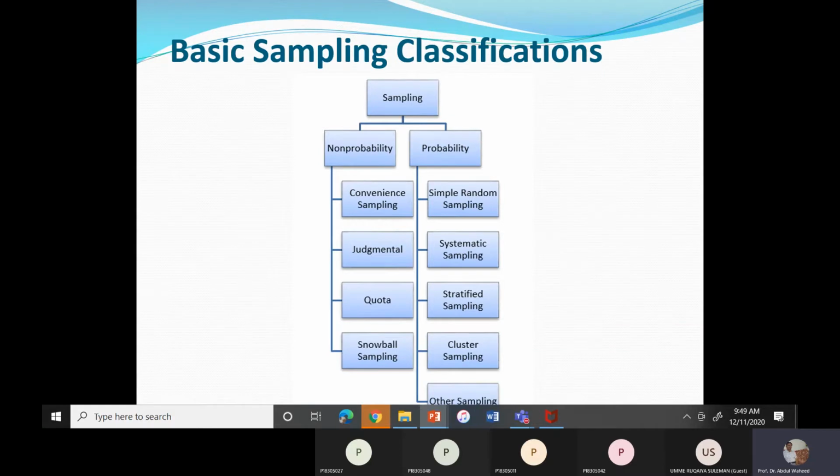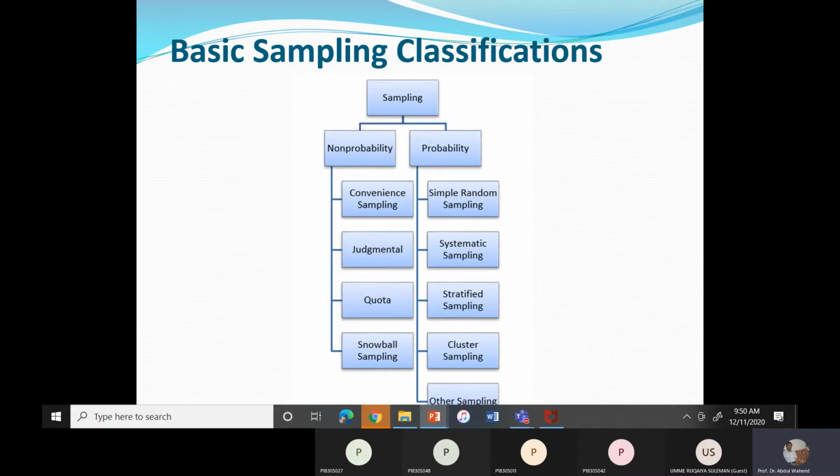So in a sample, we collect data for a small group of the population. Now the question is how to get this sample. We have different sampling techniques, and these are the basic sampling classifications. We can use a non-probability sampling technique, or we can use probability sampling techniques.